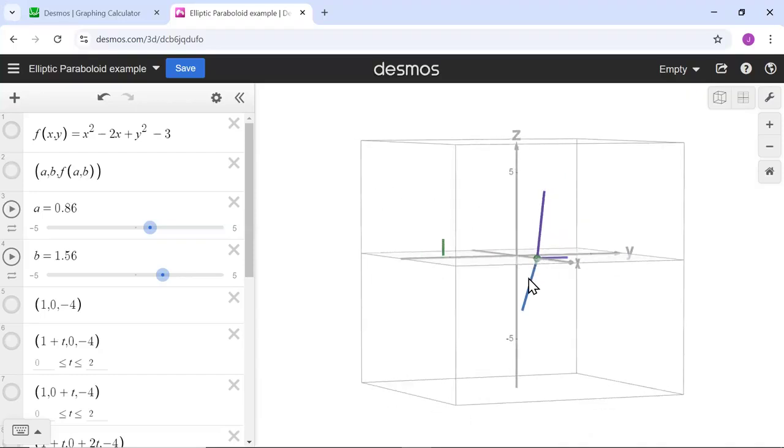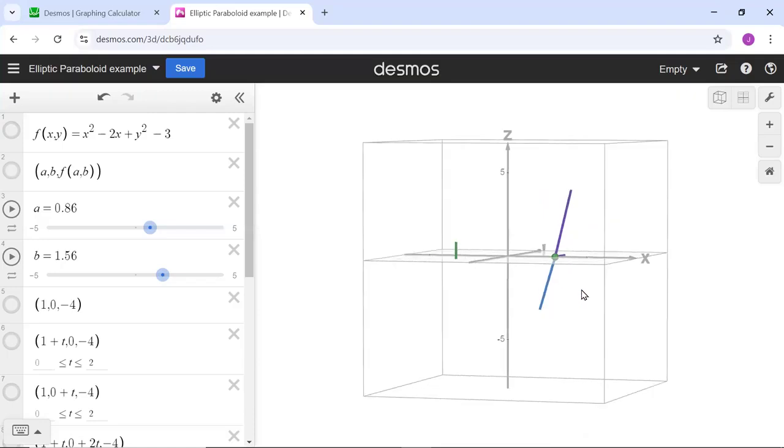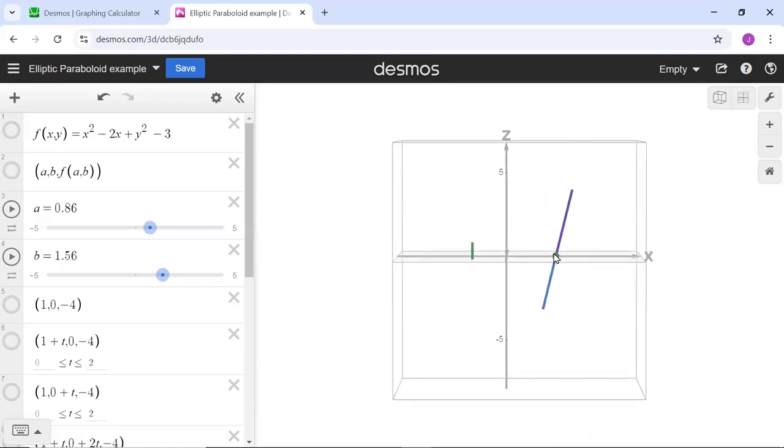And this blue directional derivative vector has slope, and it says as we move towards this green spot over here, again, I just made that like a vertical line so you can see it easy.